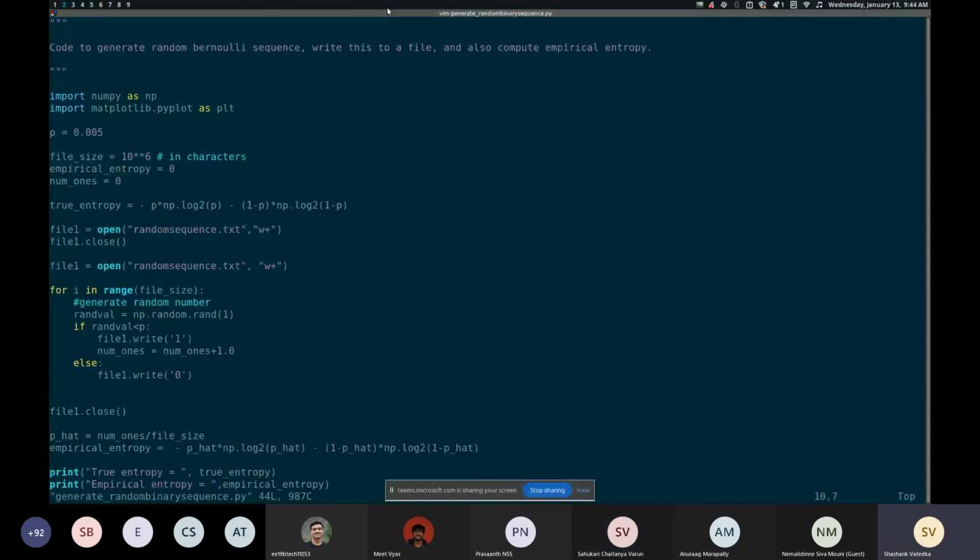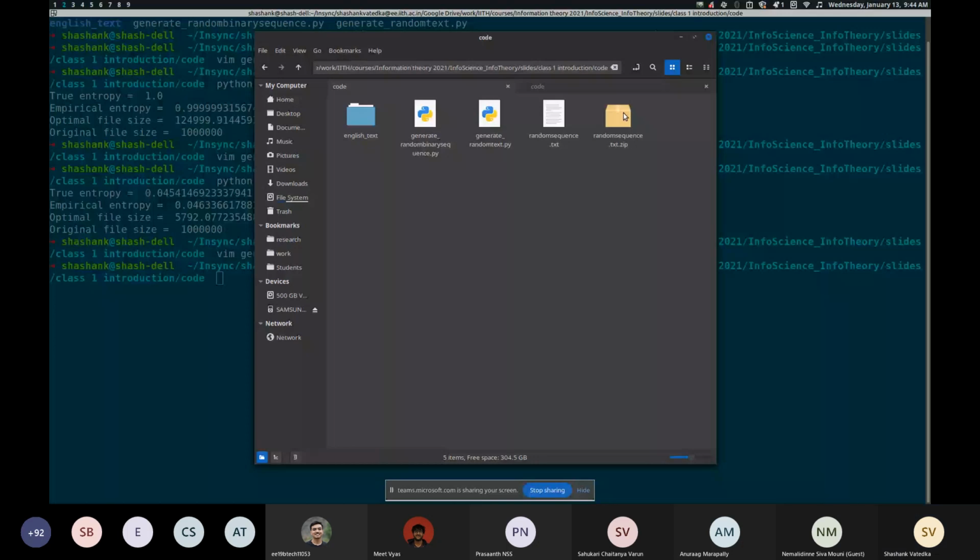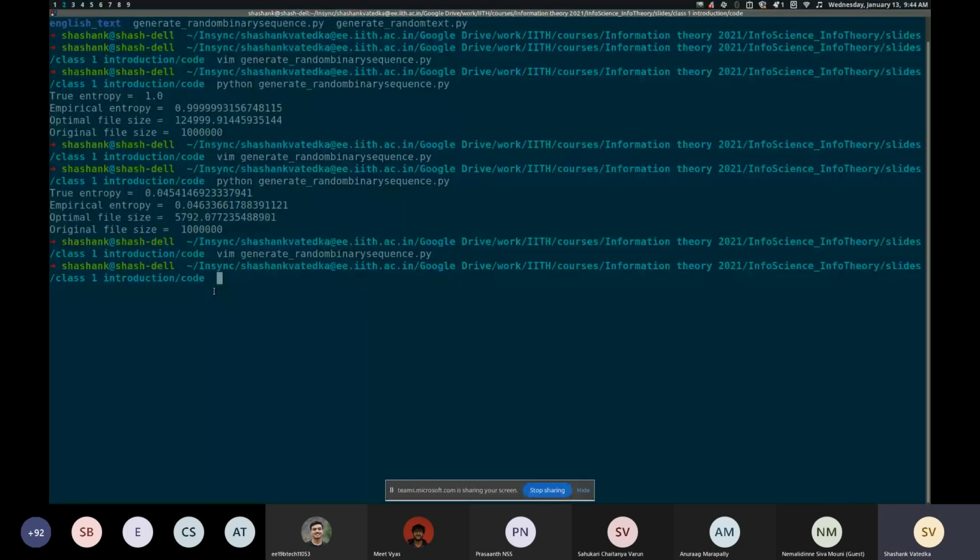So right here, this was 0.005, and the file size was 12.9 kilobytes. Now let's make this 0.995.